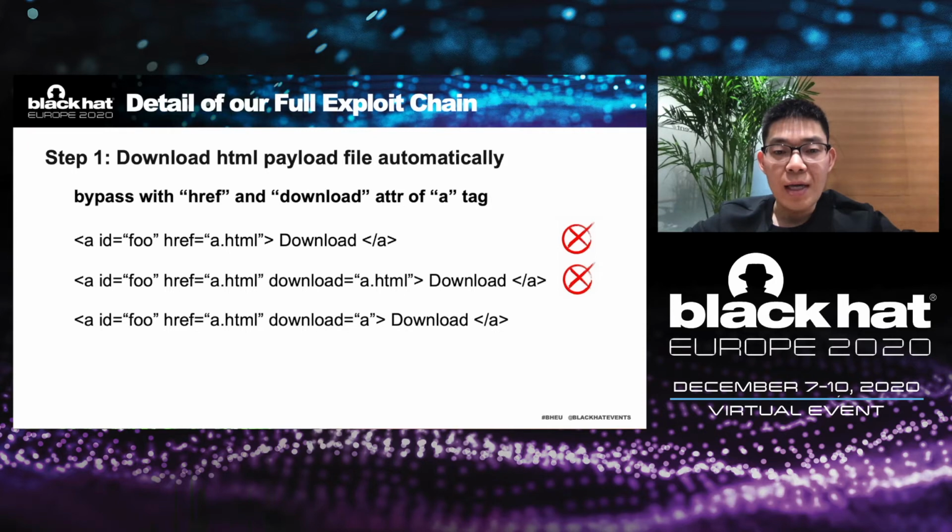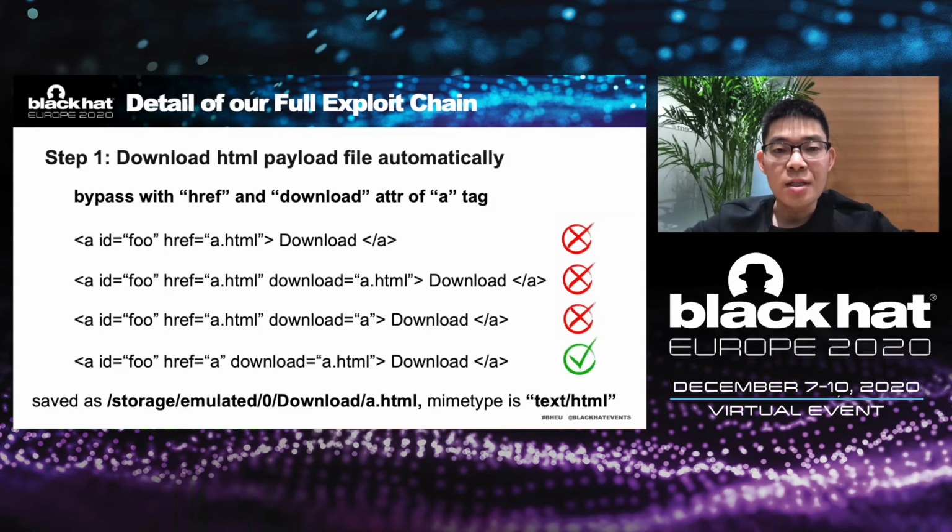The third way is the same as the second way, so it also fails. And the last way, Chrome will download a .html file to the download directory of external shared storage, whose mime type is text/html.